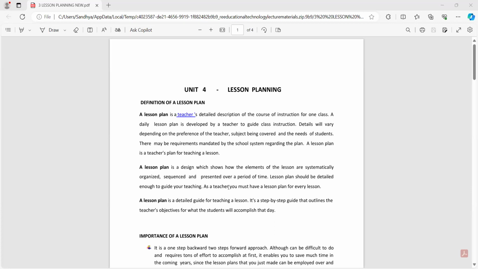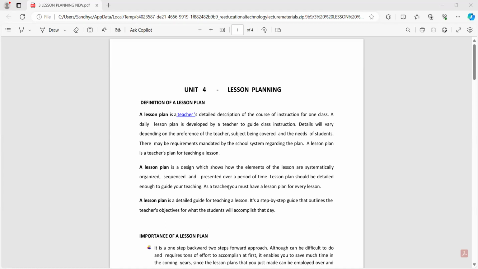So because of that, you need to know what are the main components of a lesson plan. It is the detailed description of the teacher's teaching or the instructions for the day. That is the first definition. If you look at the second definition, it is actually systematically organized, sequenced, and presented over a period of time. The lesson, how you're going to present it.